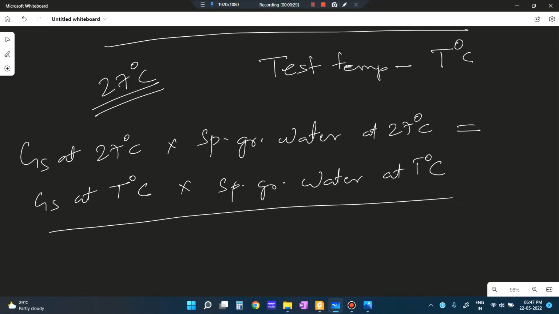From this relationship we can express the specific gravity of soil solids at 27 degrees centigrade.